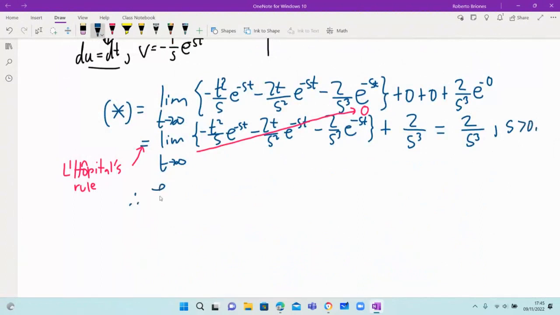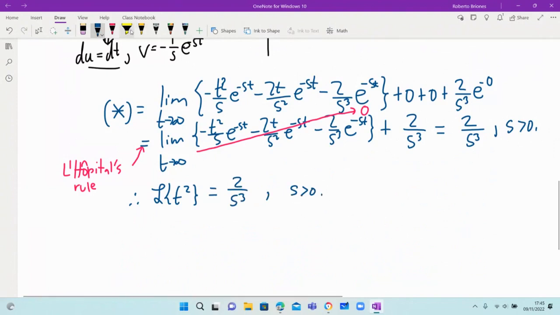So therefore, the Laplace transform of t squared will be equal to 2 over s cubed, given that s is positive. So let's highlight that. All right, so I hope that is clear.